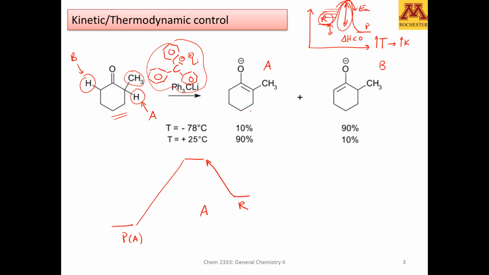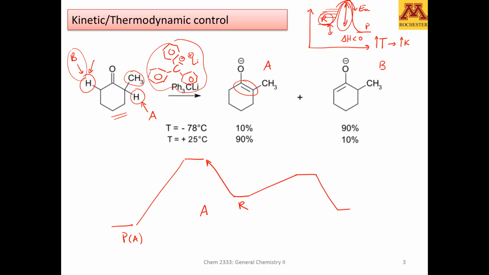Notice that the product A is a substituted double bond, which is more stable. However, if the base removes the B hydrogen, it will go through, and let me correct that, let's make it a little bit more exaggerated, it will go through a lower barrier, because this hydrogen is more acid, it doesn't have as many electron donor substituents, and there is less hindrance because of the non-existence of the methyl group, so the barrier should be smaller.